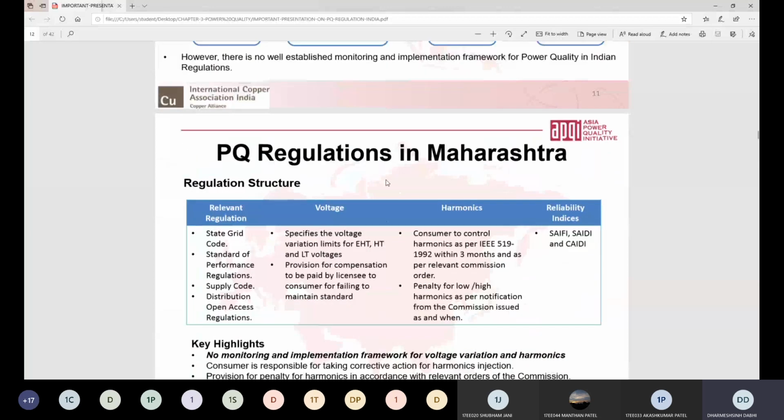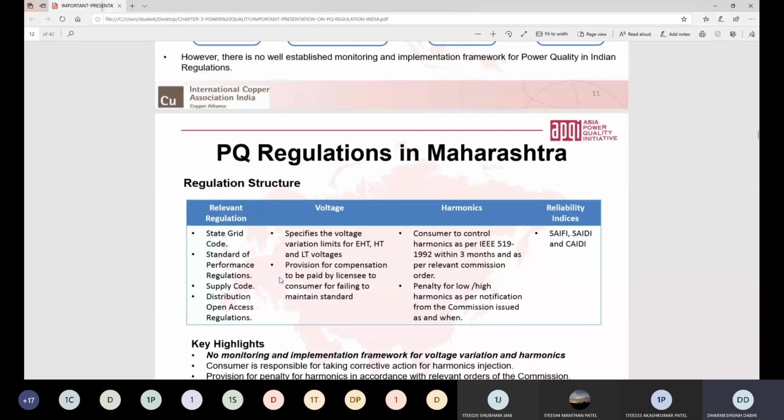So different states have different standards related to all these power quality problems that we discussed. You can see the power quality regulation in Maharashtra. As per the regulator structure, they follow the state grid code, and the SERC of Maharashtra developed its own standards related to power quality. As for voltage regulation, it specifies the voltage variation limit for extra high tension and high tension, as well as for low tension voltages.